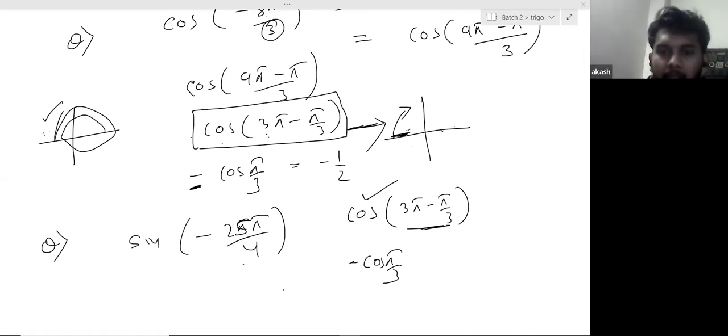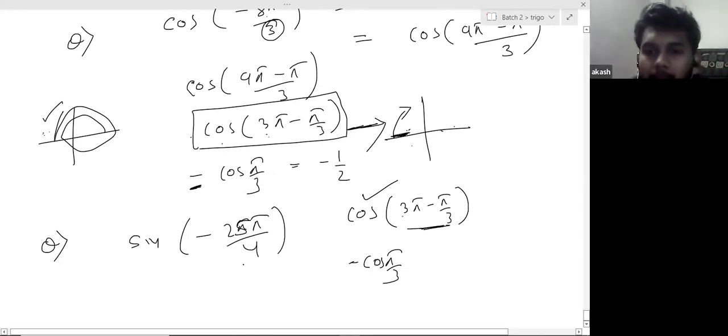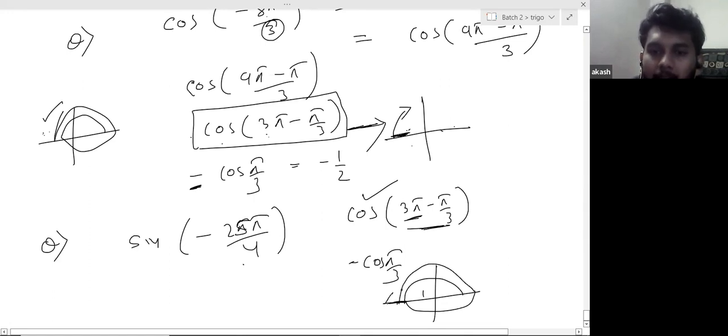But Rahman, this is in second quadrant, not first quadrant. 3 pi means, see, this is pi, 2 pi, 3 pi. You are standing here. Now minus pi by 3, you will move this way. So you are reaching second quadrant.